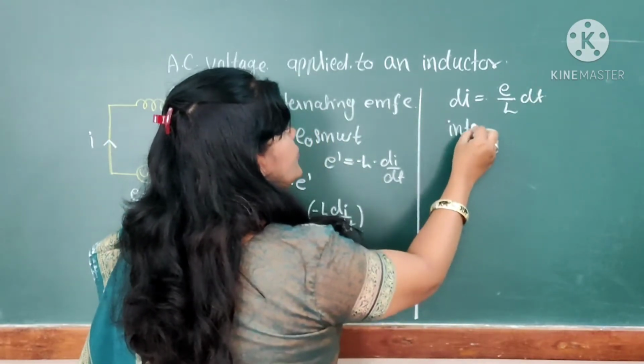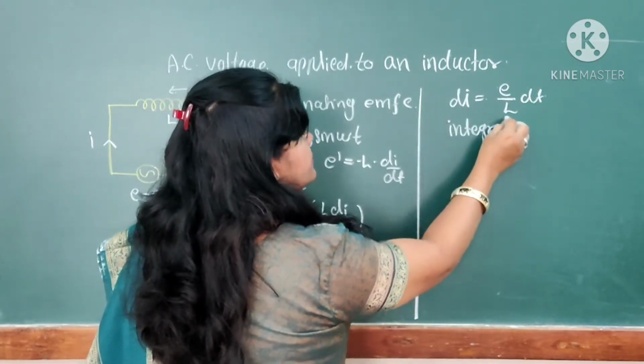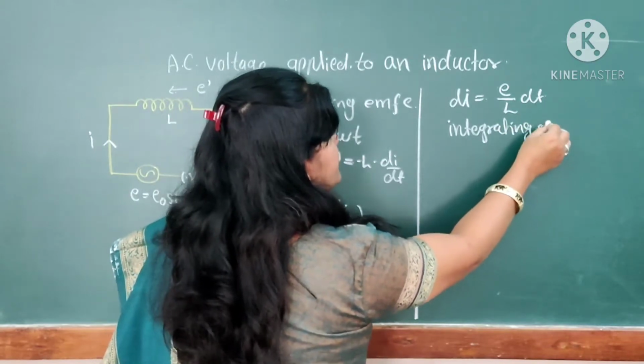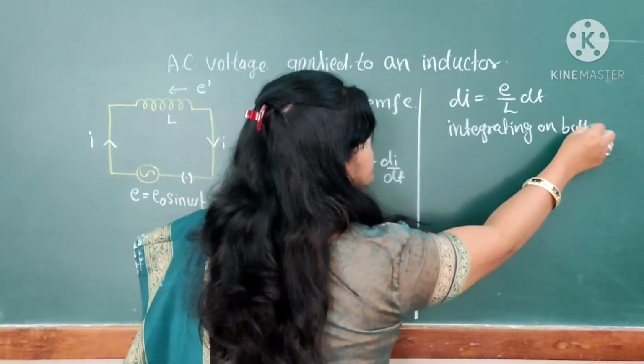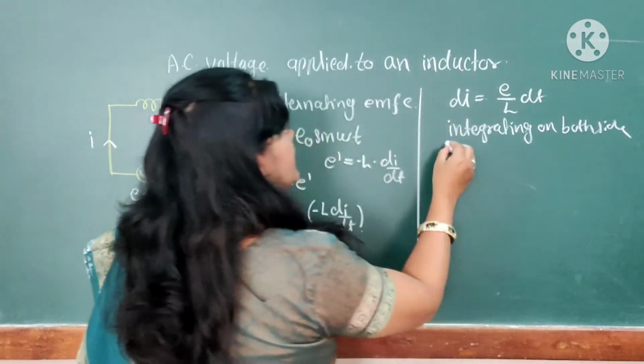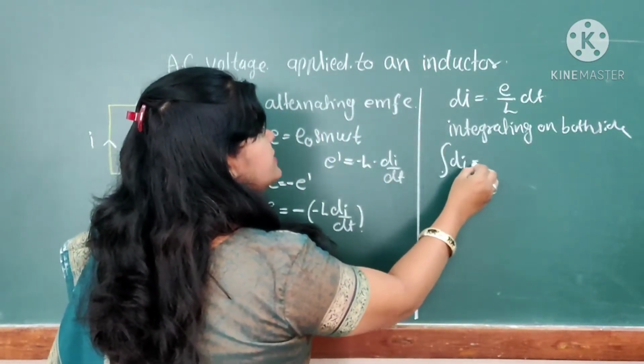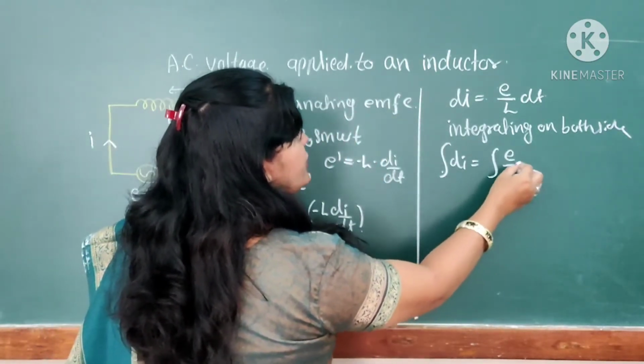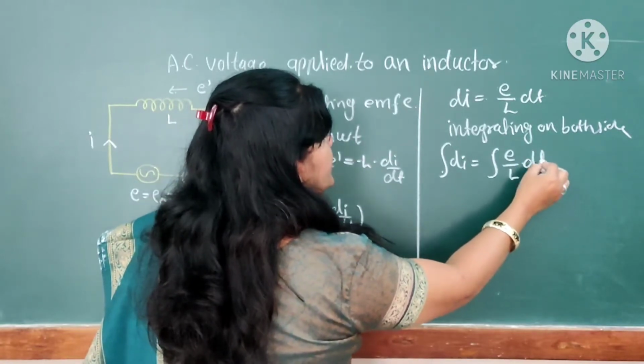Now integrating on both sides, the integration of di is equal to the integration of E upon L into dt.